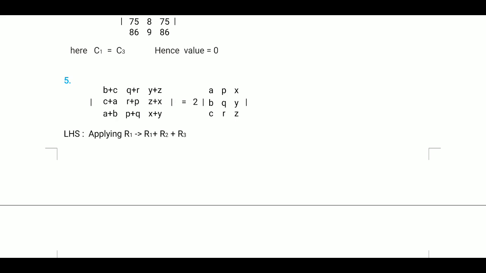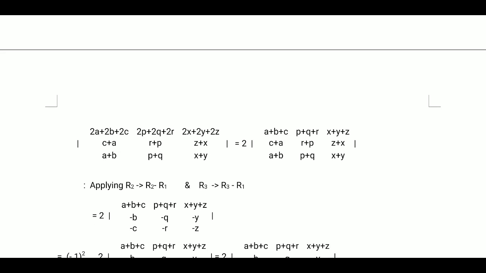Suppose we apply R1 becomes R1 plus R2 plus R3. Then the R1 elements become 2a plus 2b plus 2c, 2p plus 2q plus 2r, 2x plus 2y plus 2z. R2 and R3 remain the same. Thus from R1 you can take 2 common. So it becomes 2 and a plus b plus c, p plus q plus r, x plus y plus z, and R2 and R3 remain the same.